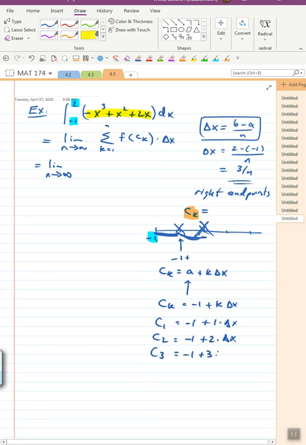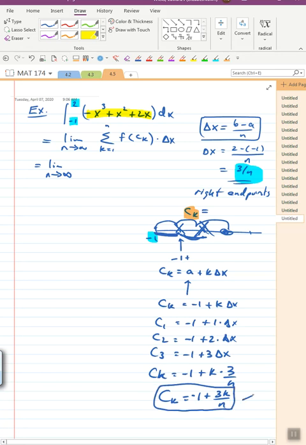If I add that 3 times starting at -1, it's going to put me right there at the right endpoint of the third subinterval. So generally, what's our ck going to be? -1 plus k times delta x, and we said delta x was 3 over n. So the number I'm going to plug into my function is -1 plus 3k over n.